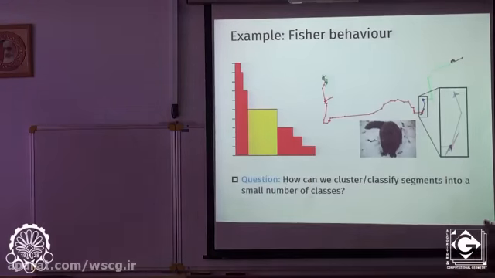But if I assume that this comes from a process where there is essentially a small number of behaviors, and if I assume that with each of these behaviors I can associate a certain diffusion coefficient, then I'm actually looking for a small number of diffusion coefficients such that I can use for each of these segments one of these diffusion coefficients. So you can imagine in terms of behaviors, you might have a behavior where somebody is resting.